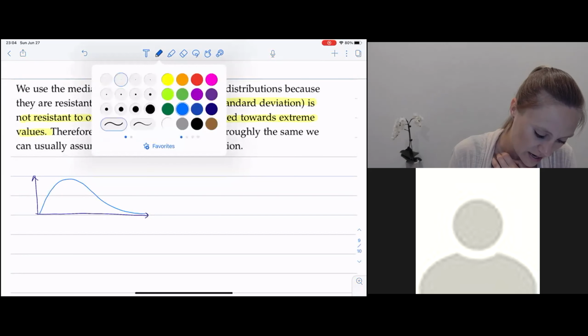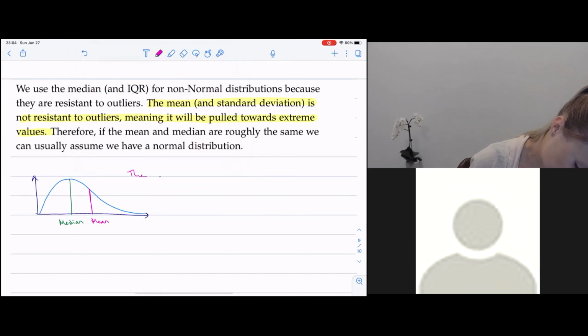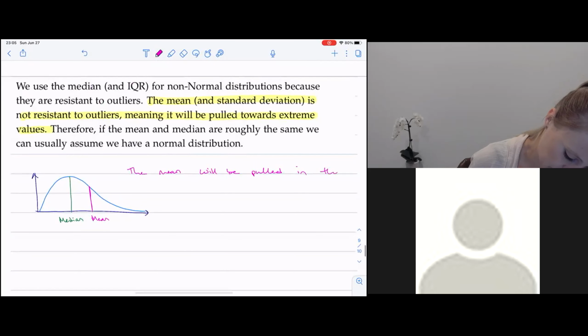And the median might be somewhere here. Whereas the mean would be somewhere here. So the mean will be pulled in the direction of the tail.